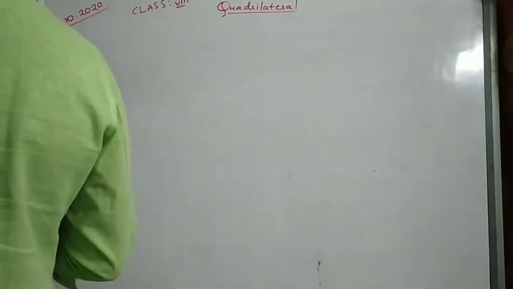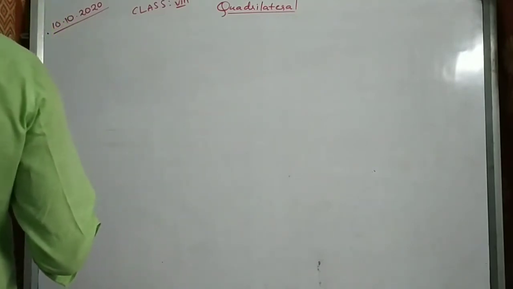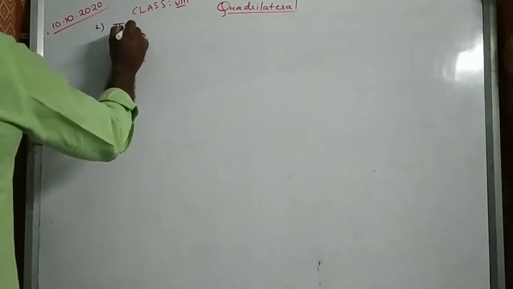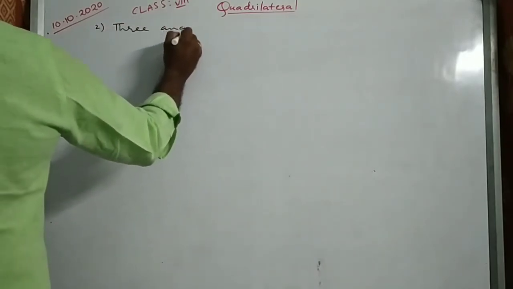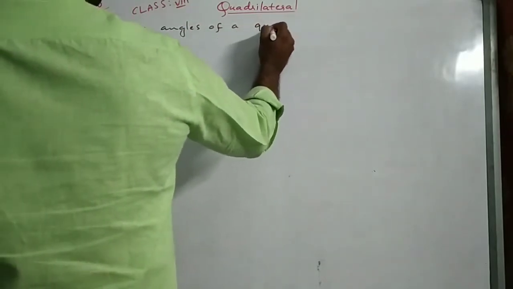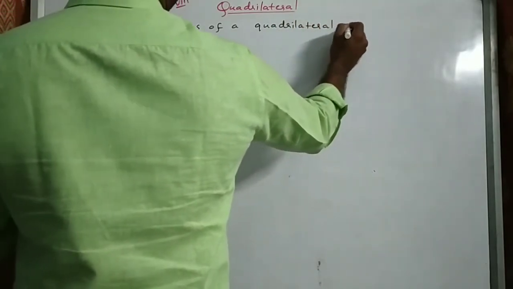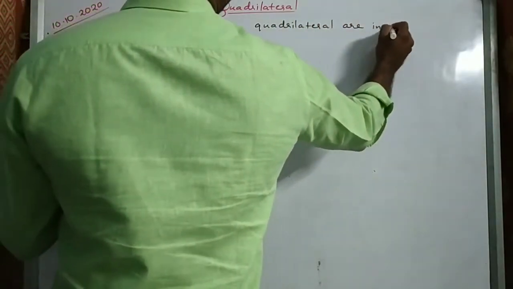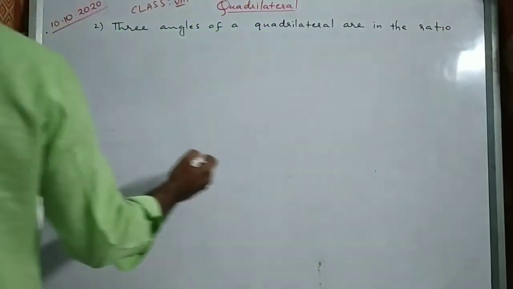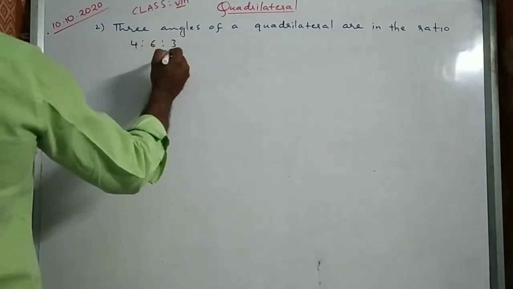See the next question. Three angles of a quadrilateral are in the ratio 4:6:3.